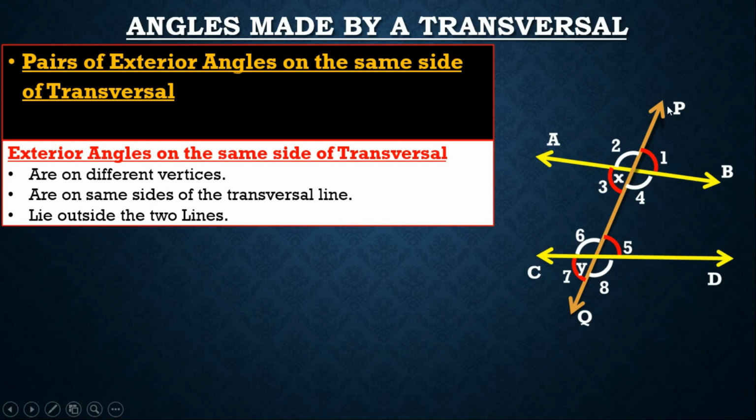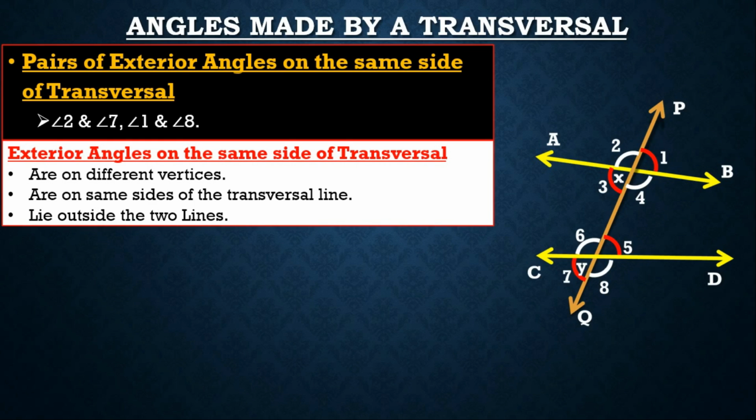Then arm XP of the angle PXB is pointed towards the upward direction, and the arm YQ of the angle DYQ is pointed toward the downward direction, and hence angle 1 and angle 8 is one pair of exterior angles on the same side of the transversal, and the other pair is angle 2 and angle 7.